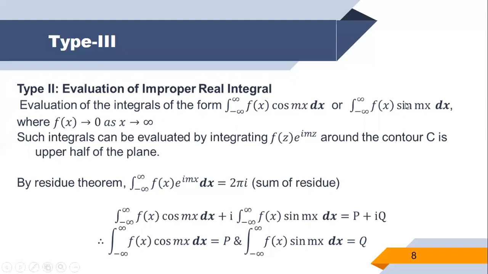So if the integration is of the form minus infinity to infinity of f(x) cos mx or f(x) sin mx, then this type of improper real integration we convert into a complex integration using the substitution f(x) with f(z) and cos mx or sin mx with e raised to imz, and we consider the curve as the upper half of the plane.